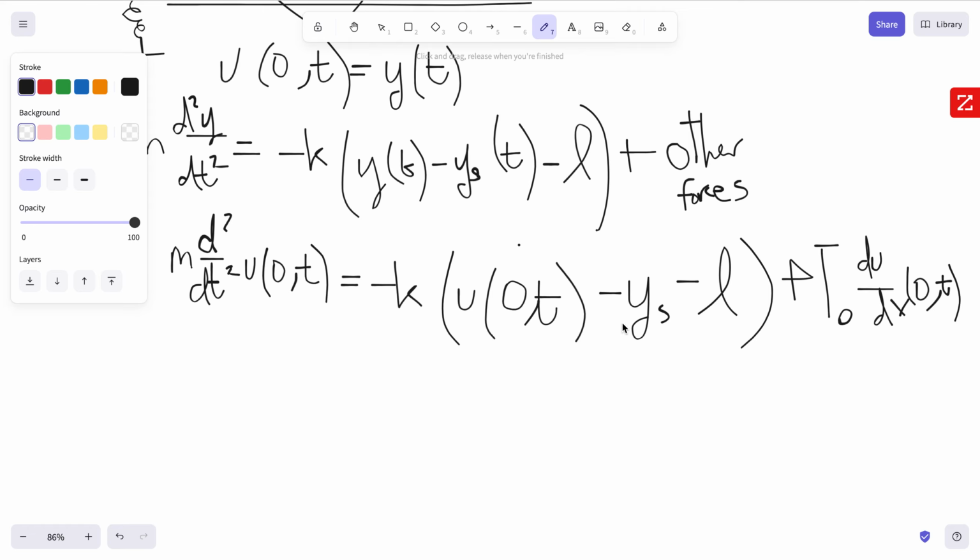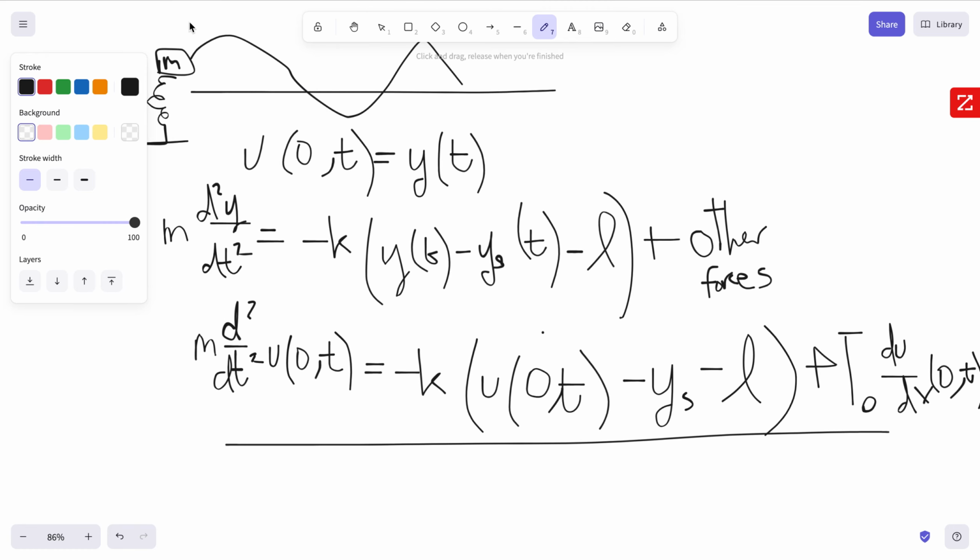And if you solve this ordinary differential equation, you will be able to get the boundary condition, which is represented as a mass on a spring.